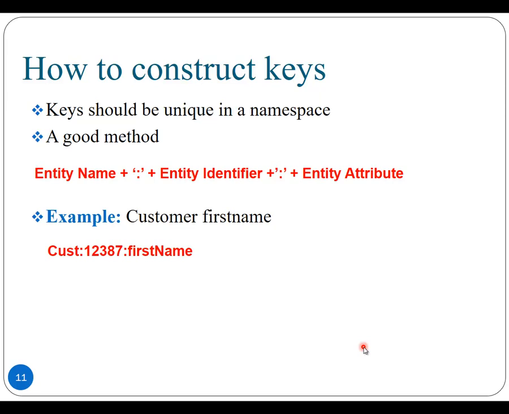Now, I said that we could build the keys for our data like this. This is a simple method for building keys for the key value database. Each of our data has an entity name, an entity identifier, and an entity attribute.